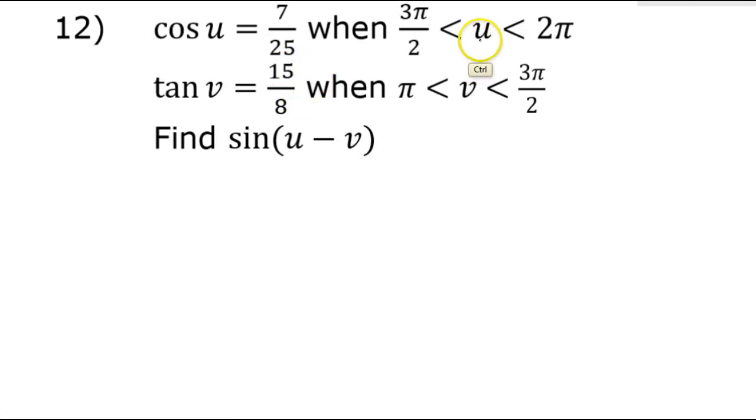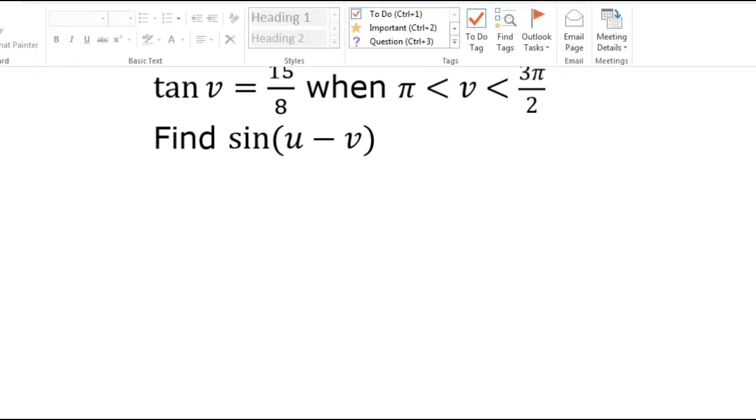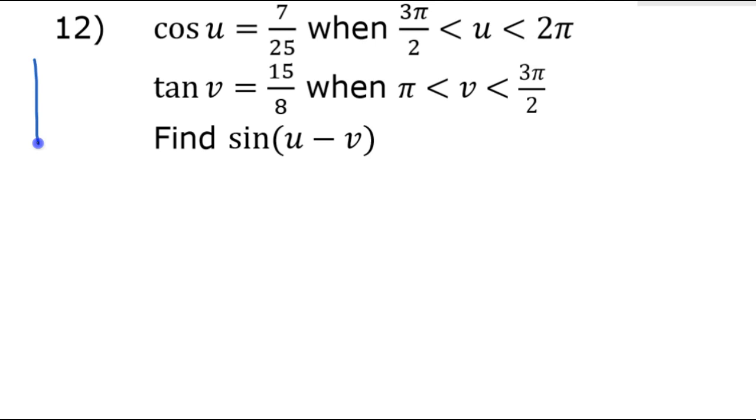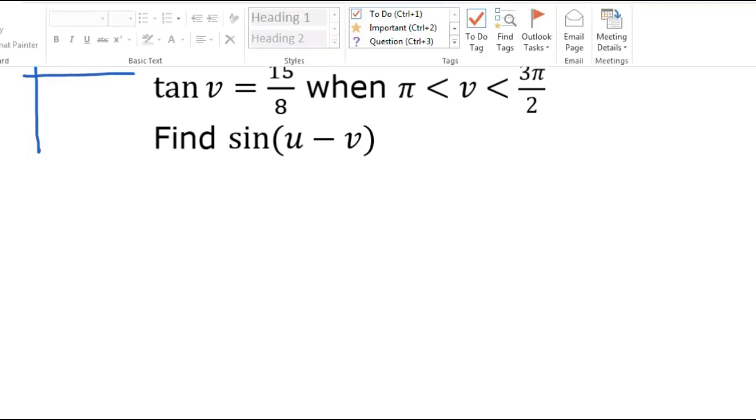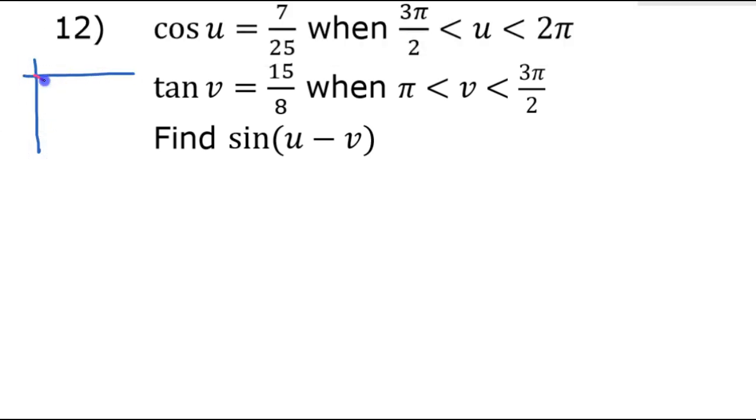For problem number 12, angle U is between 3 pi over 2 and 2 pi. So that is in the fourth quadrant. Cosine is x over r, so that means that this is 7 and this is 25.